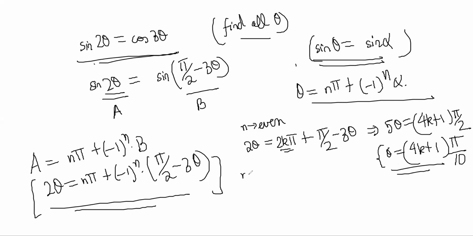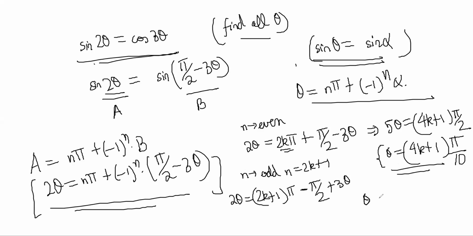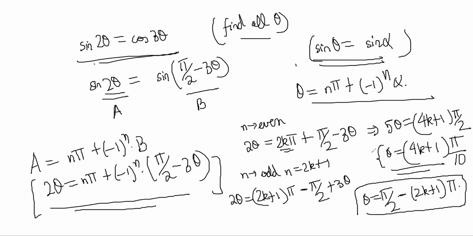The other answer is when n is odd, then n can be written as 2k plus 1. So you get 2 theta is equal to 2k plus 1 pi minus pi by 2 plus 3 theta. So then you get theta is equal to pi by 2 minus 2k plus 1 pi. These are the possible answers.